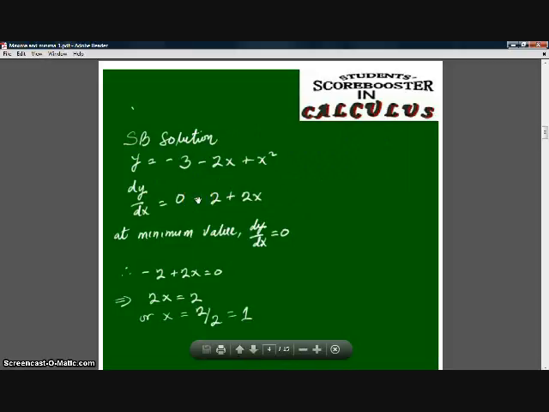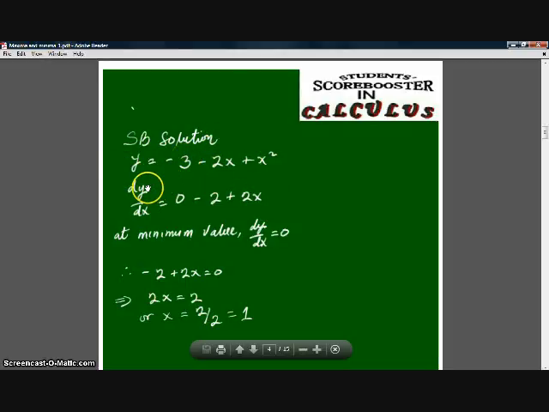So the score booster solution is like this. First of all, we rewrite the function, and since we are talking about minimum, the first thing to do is to find the derivative of this function.